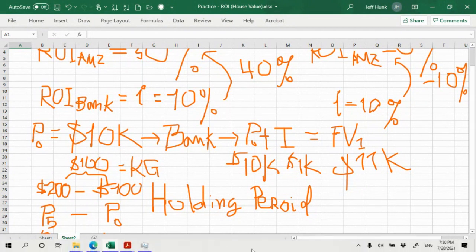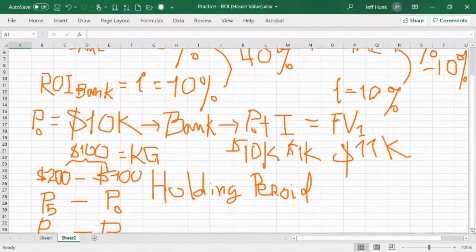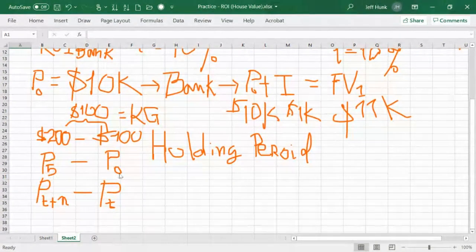K for capital. And then think about the notation I used, P5 and P0. To generalize it, instead of 0, we just put T, where T is 0.